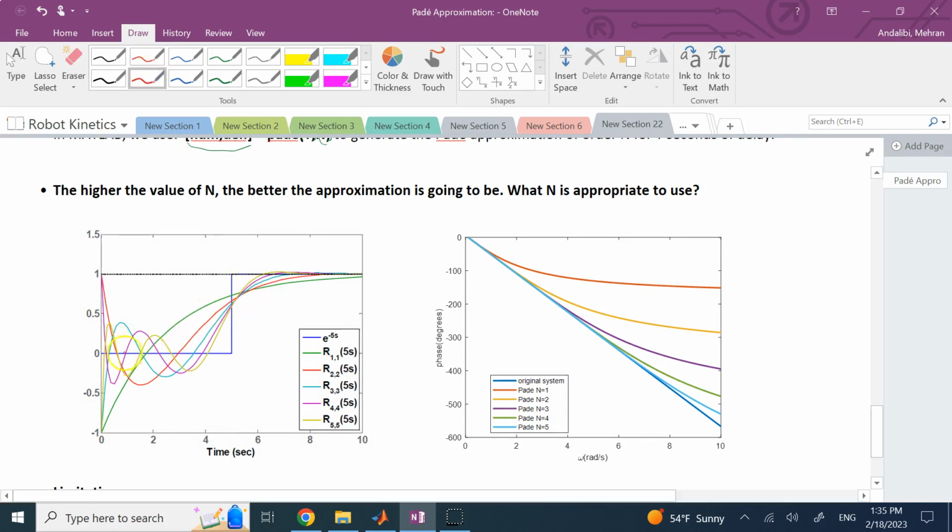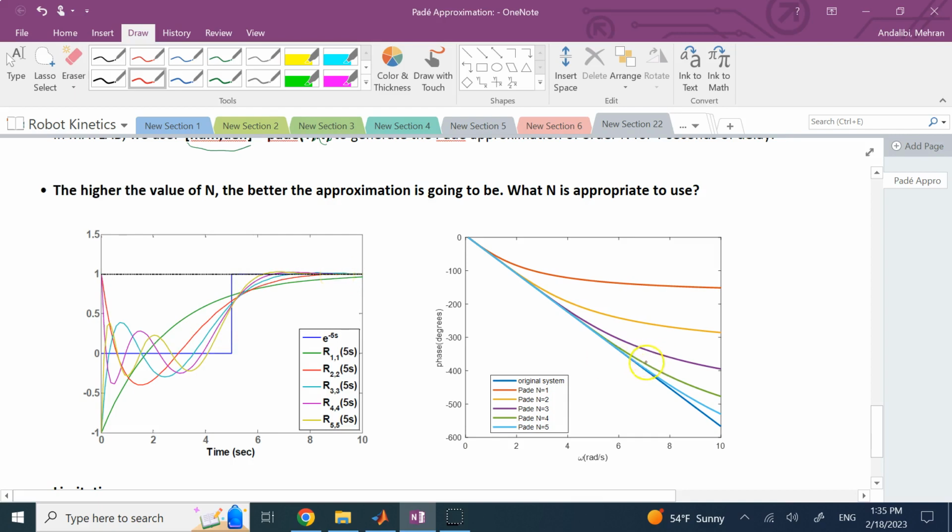As you can see here I have a pure delay of like 5 seconds, and then as I add higher terms for Padé, you clearly can see that they are trying to get closer and closer. Of course, there is going to be more oscillations in the time domain, right? But ultimately, it's like a Fourier series kind of, right? Ultimately, they are trying to get to this.